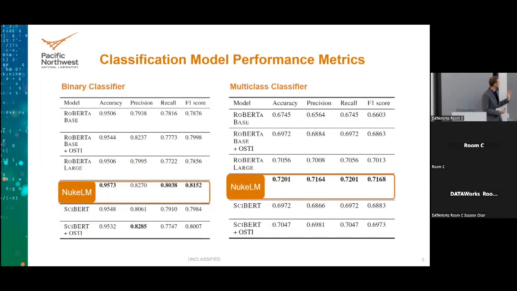And so you can see that model produces the best classification if you're looking at just overall F1 score. Generally, it performs better across the board of metrics, accuracy, precision, recall. The binary classifier actually had slightly better precision on the CyBERT with the fine-tuning of OSTI.